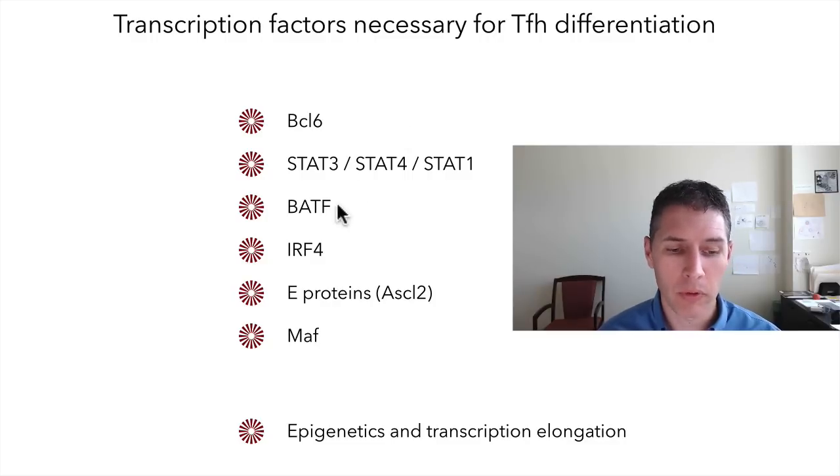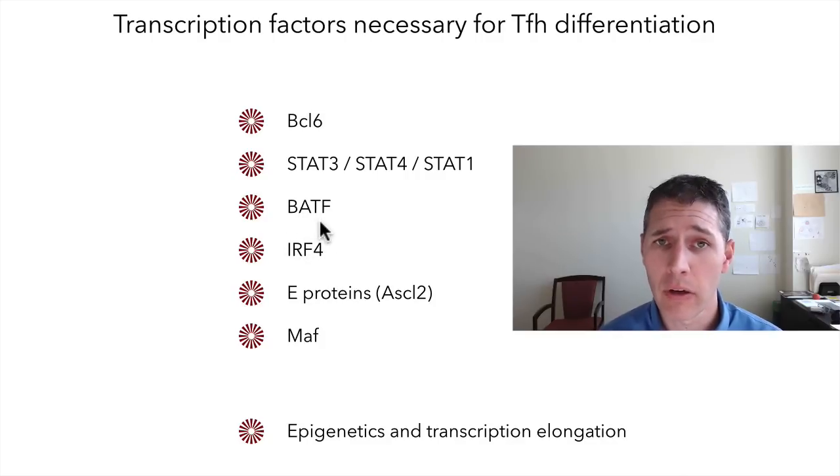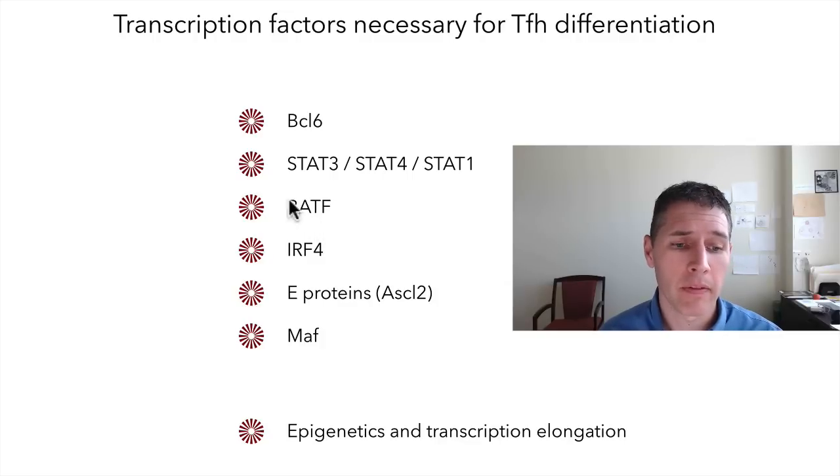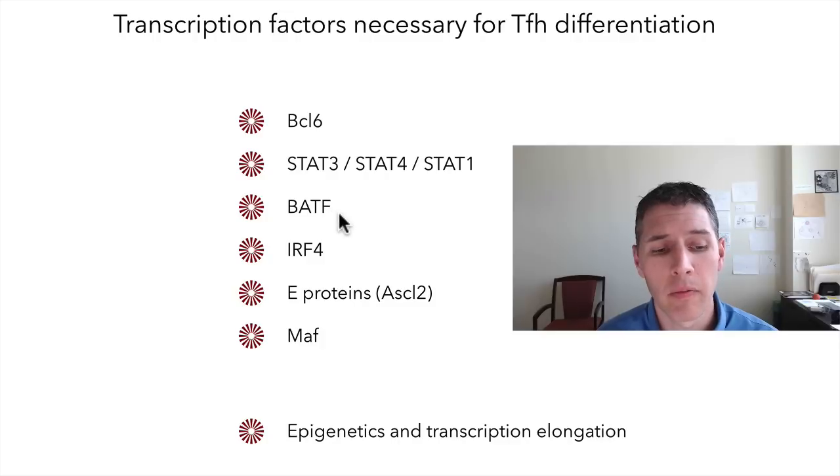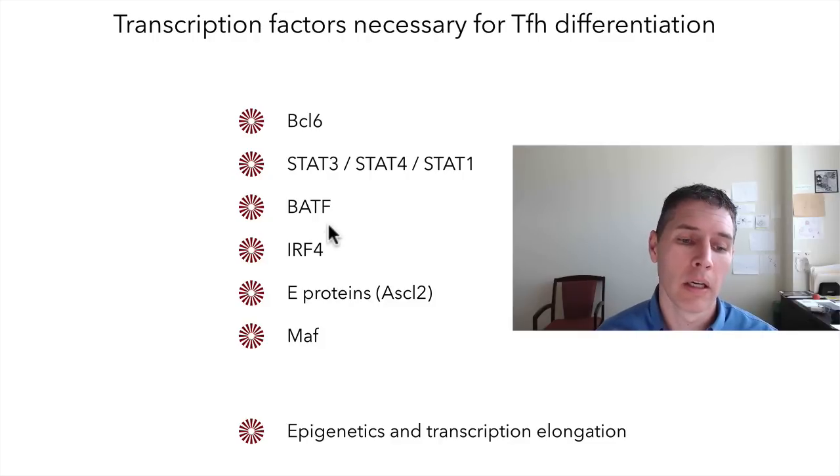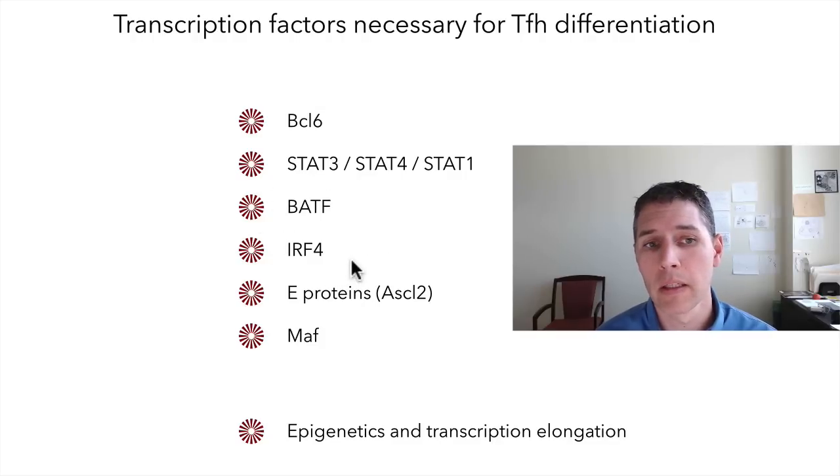So, for example, IRF4 and BATF are necessary for TFH differentiation. BATF is an AP1 family member component, and AP1 proteins in general are essential for T cell activation and proliferation. And BATF and IRF4 both have roles in CD4 T cell differentiation pathways other than TFH as well.